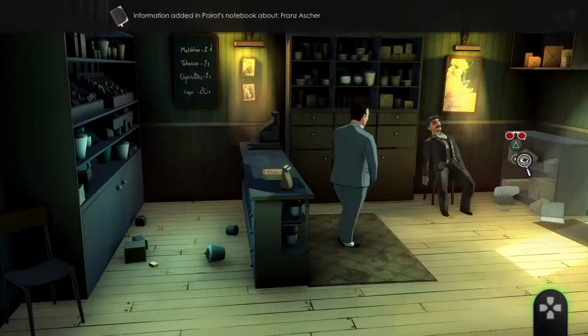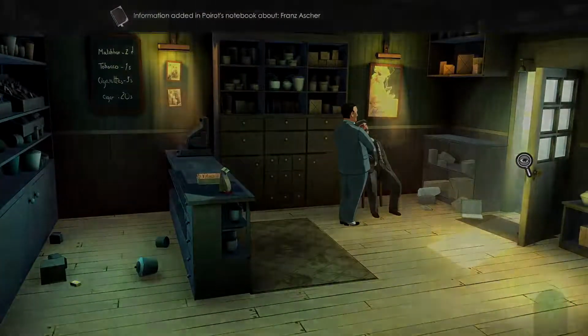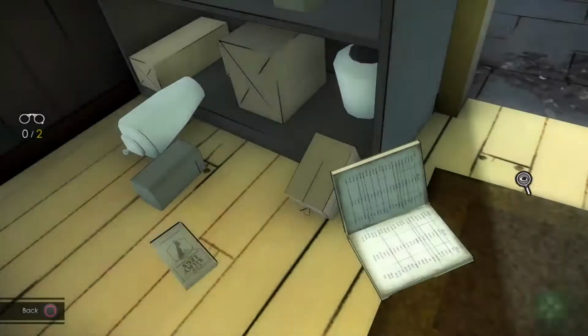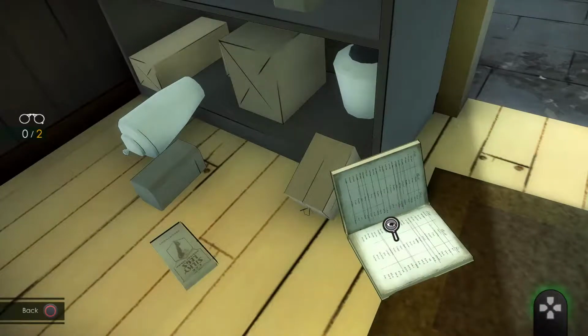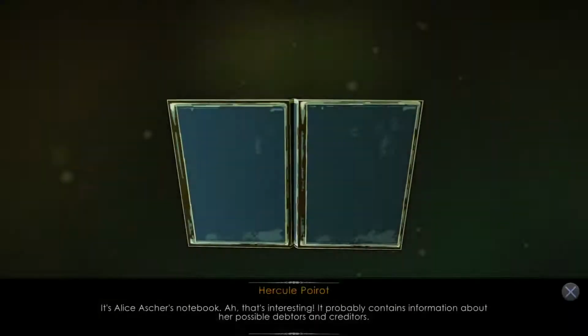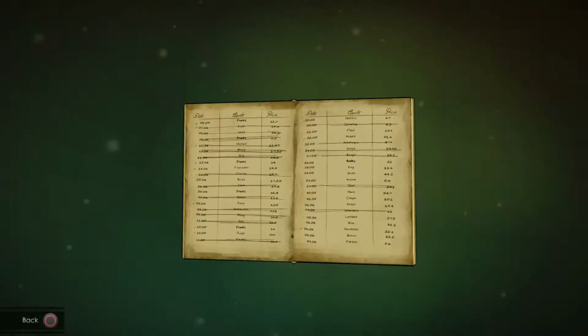Oh, what's this? It's Alice Asher's notebook. Ah, that's interesting. It probably contains information about our possible debtors and creditors. Bodley.